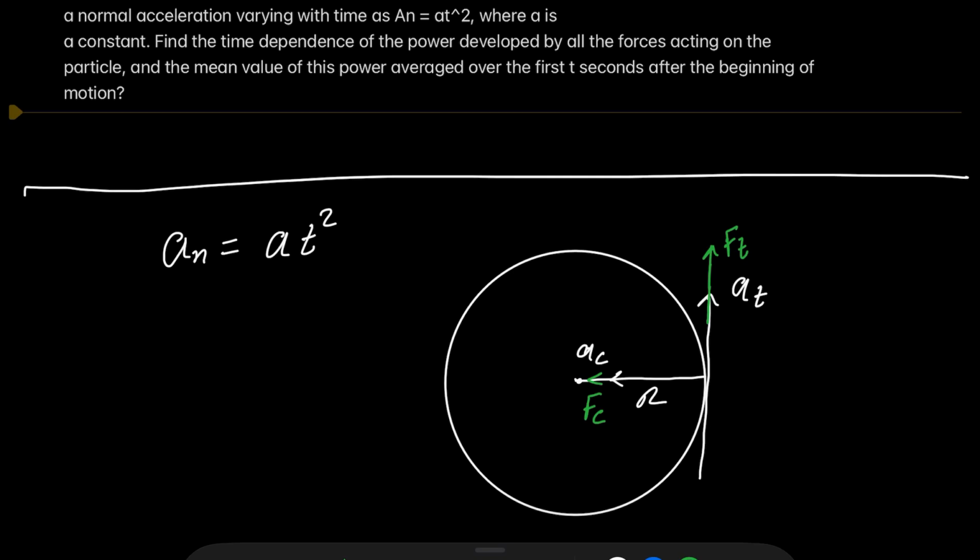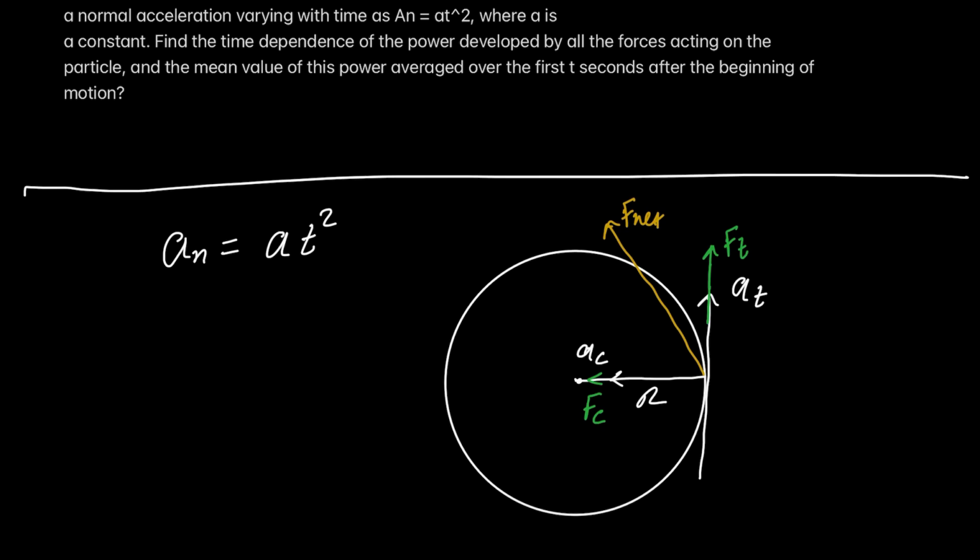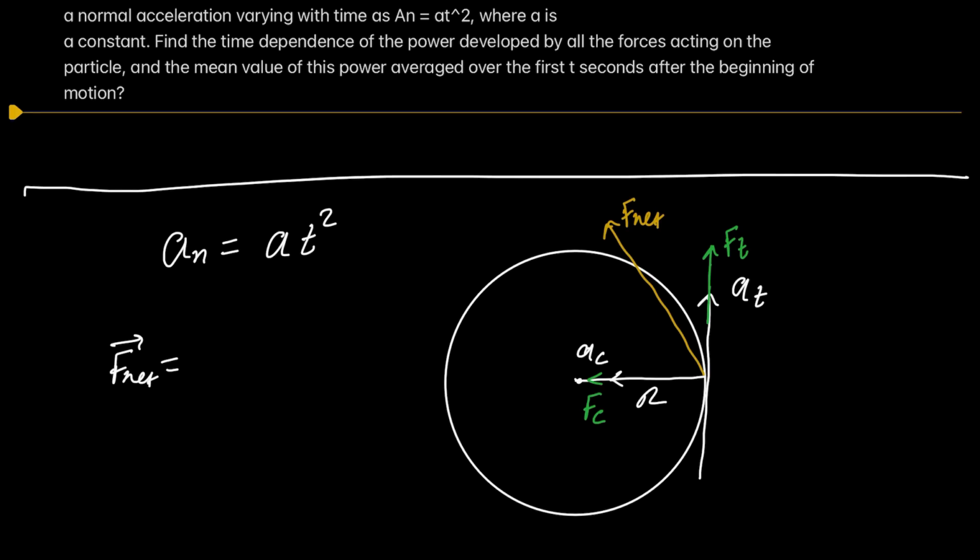Basically the net force is the vector addition of these two forces. Now this is your F net, which is the vector addition of tangential and centripetal. Now let's say the angle between this F net and tangential is theta.